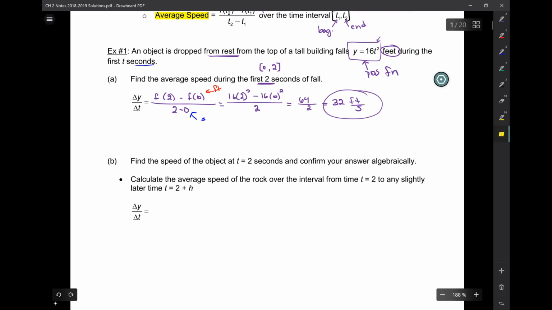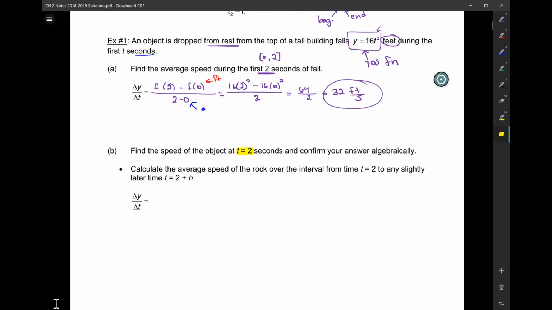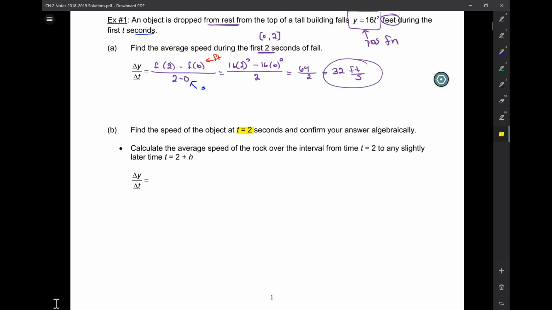Here we go. Find the speed of the object at t equals 2 seconds and confirm your answer algebraically, right? So, all right, let's do this. How are we going to do this? So I have the steps here.